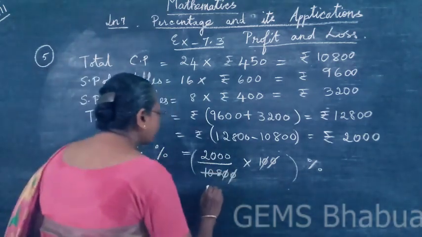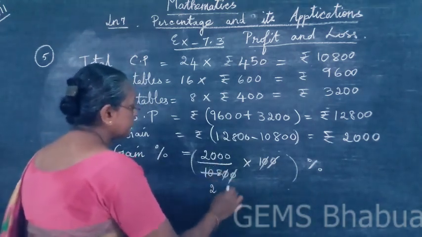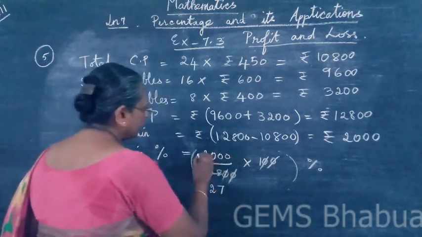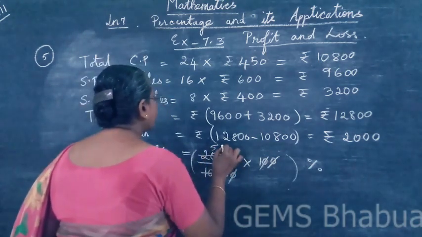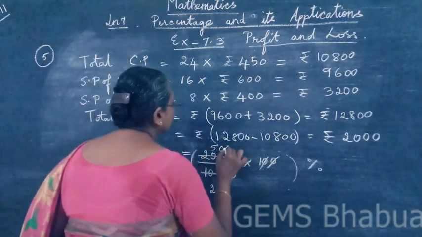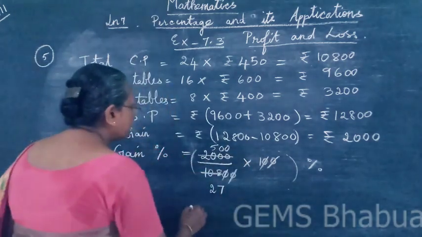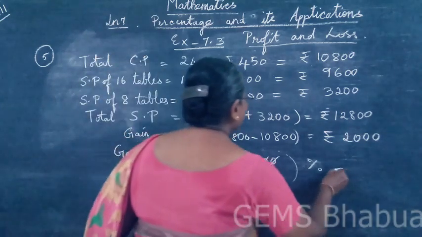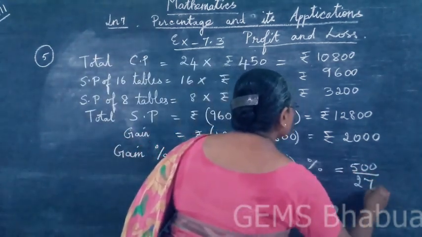When you use the 4 table, 2 times it goes, and then 2 remainder, 28 goes 7 times, and here 20 goes 5 times by 4, and then we have 2 more zeros. So we have 500 by 27%.